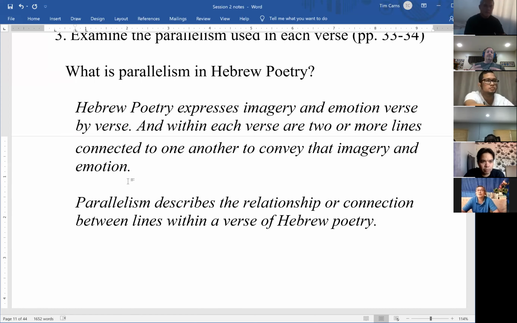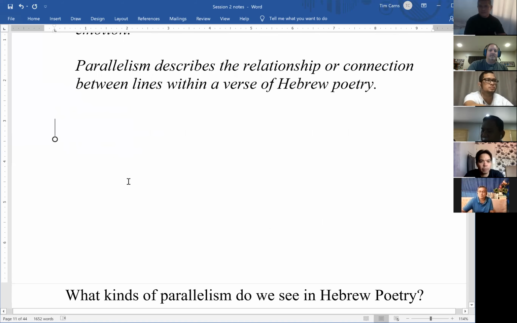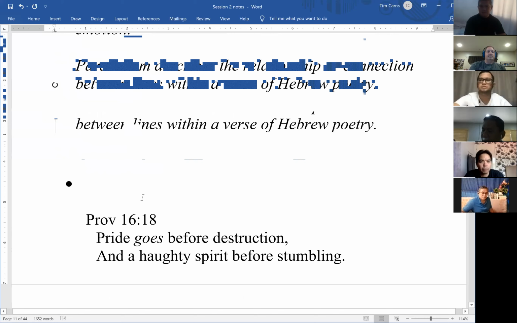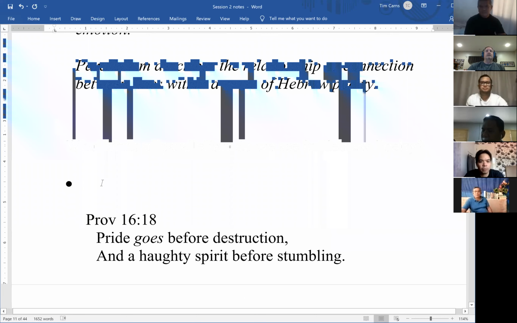Because again, remember, one feature of Hebrew poetry that's unique to it is it typically presents within each verse 2 or 3 or 4 lines which are all connected to each other. There's a relationship they have with each other in some way. And so as we consider the types, remember what are the different types? What kinds of parallelism do we see in Hebrew poetry? What's the first kind that we see?